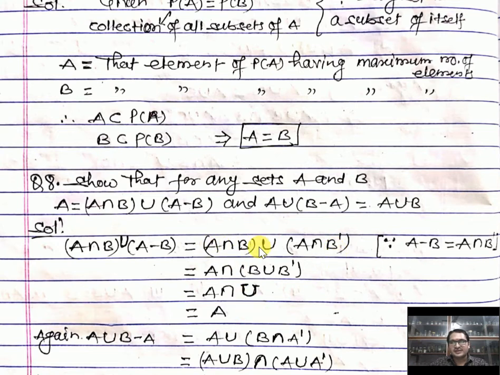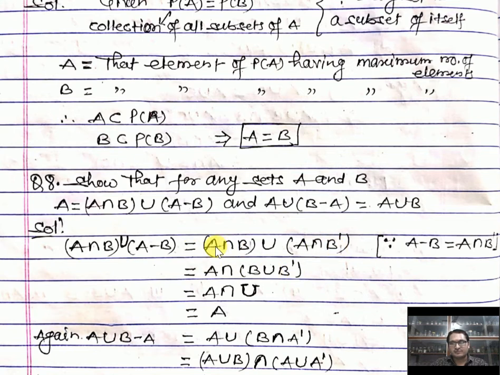So (A intersection B) union (A intersection complement of B). Here you can write A intersection (B union B dash).